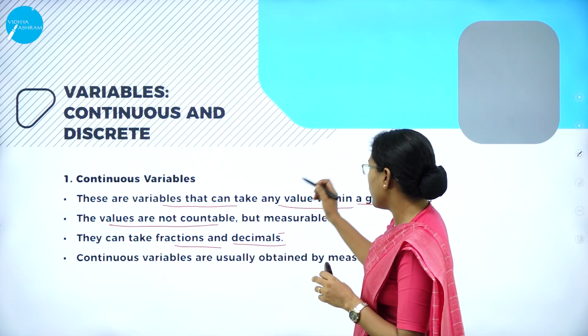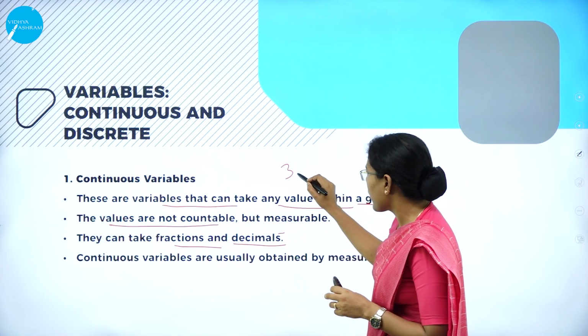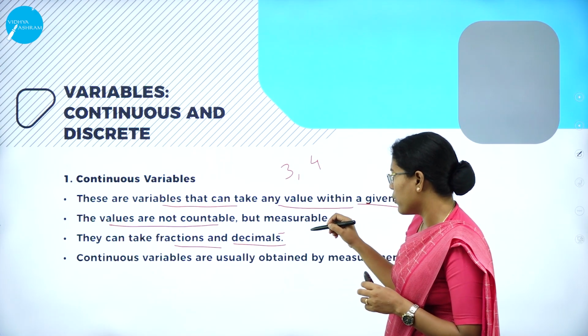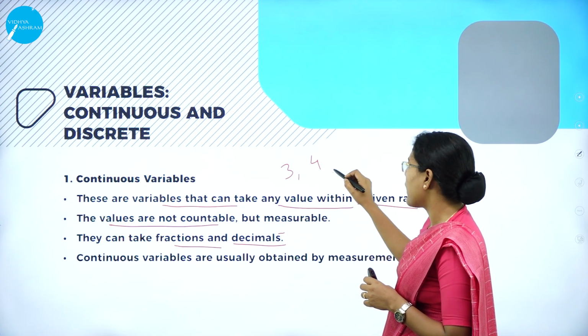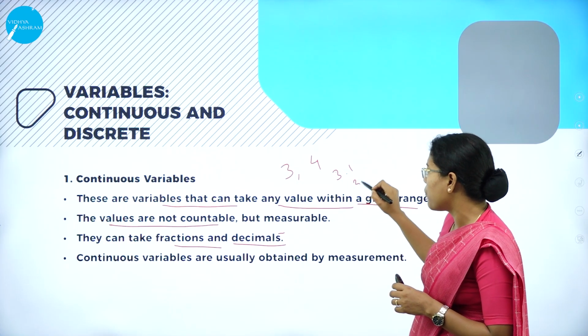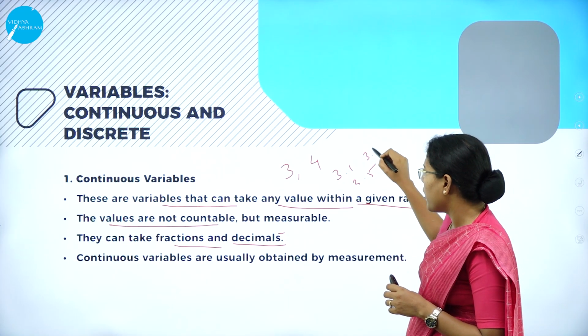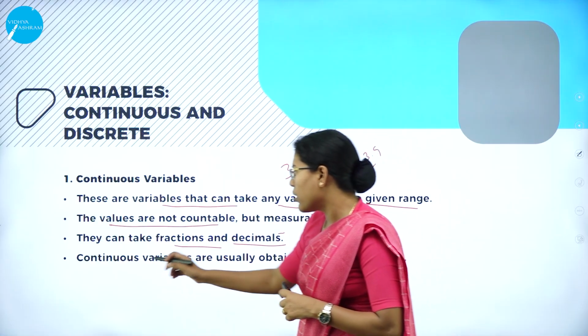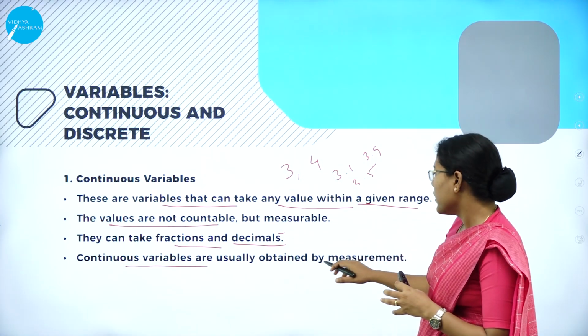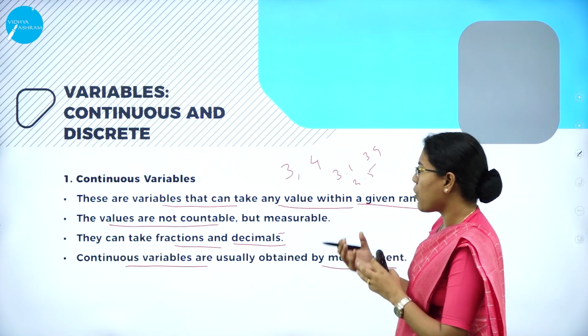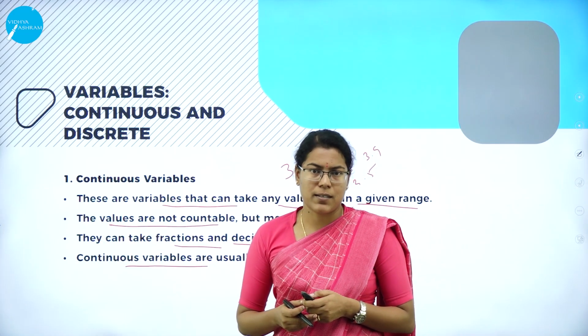Say for example, it will not jump from 3 and the next number will be 4. Or it can also take fractions and decimals like either 3.1 or 3.5, it can be 3.9, etc. So here the continuous variables are usually obtained by the measurement instead of the countable numbers.